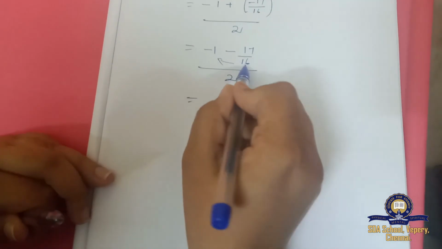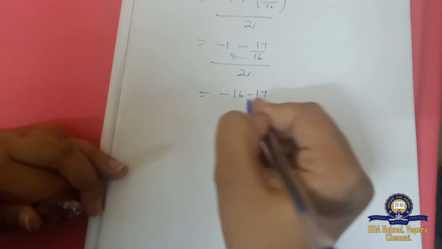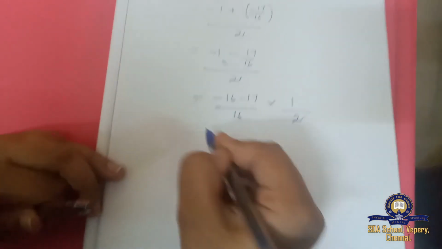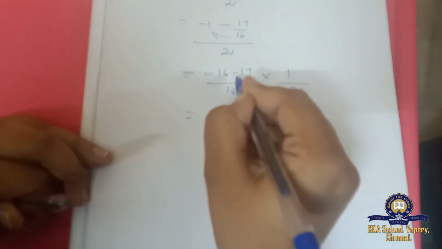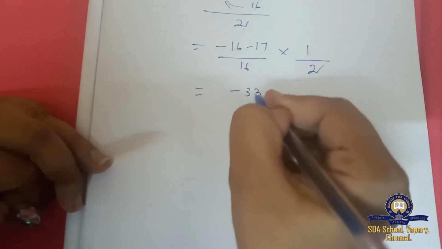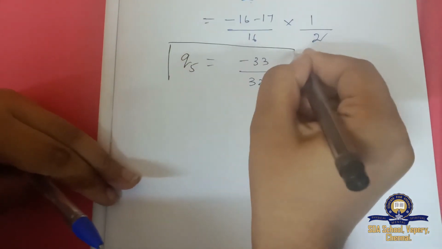It will become (-16 - 17)/16 into 1/2. Then it is equal to -33/32. You get it? So the value of Q5 is -33/32.